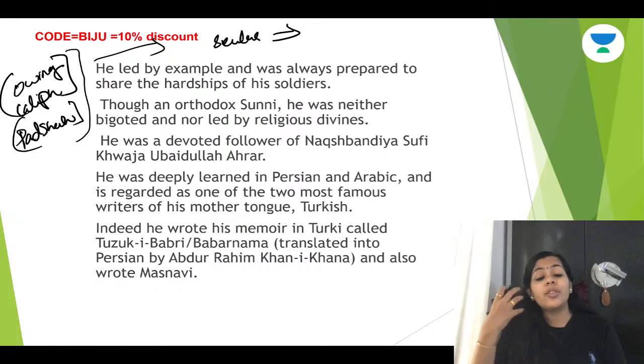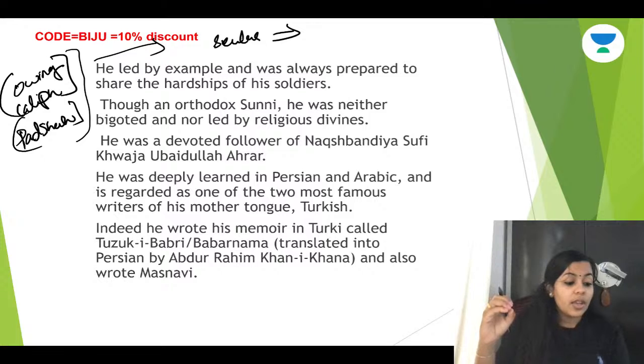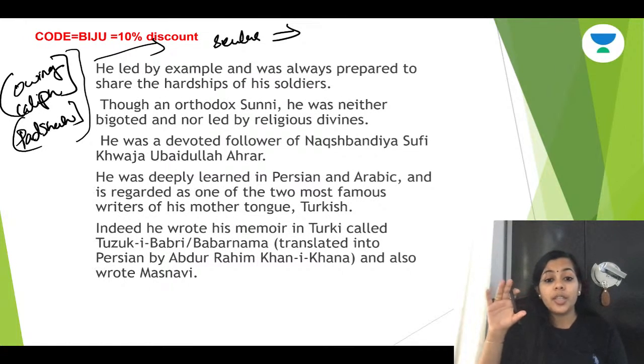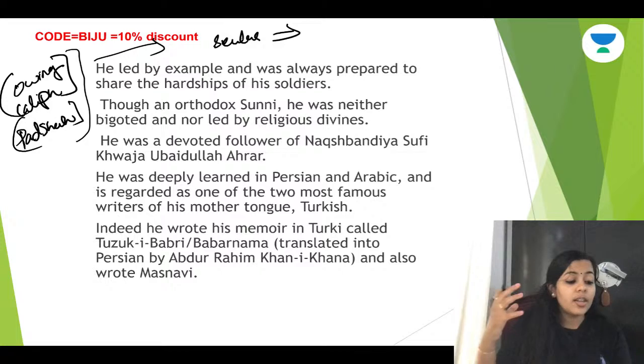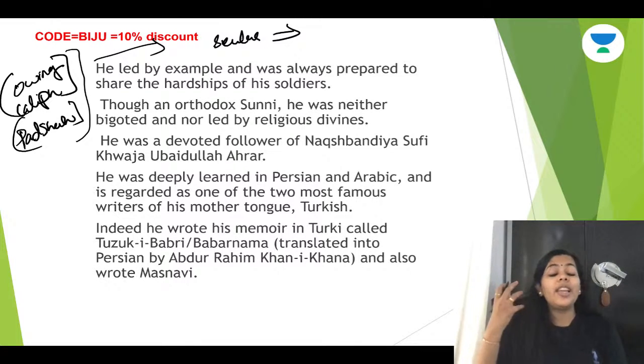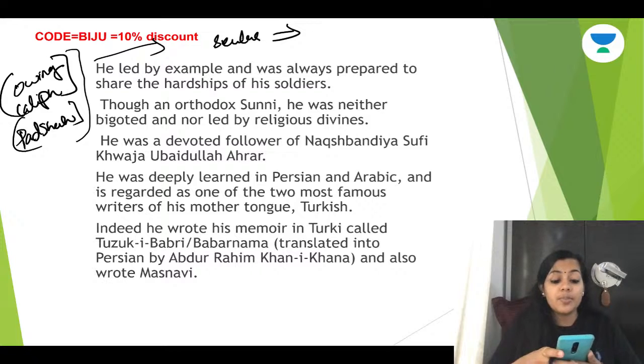He was a learned man with deep knowledge of Persian and Arabic, and he wrote many things. Famously, his Turkish autobiography is known as Tuzuk-i-Baburi, or Baburnama, and he also wrote the Masnavi. He was deeply inspired by Persian culture.